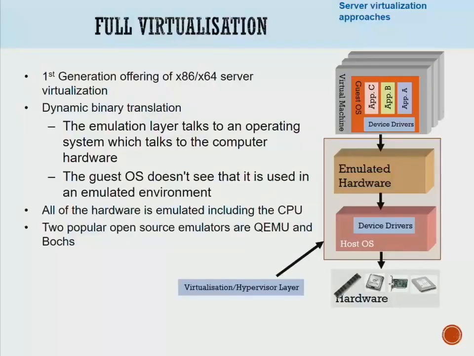And the two popular open source emulators used in full virtualization are called QEMU and Bochs. So they are the two techniques adopted by these hypervisors. And of course, while the hypervisor is doing all those things, the operating system inside the virtual machine is not aware of all this dynamic translation, and it is sending instructions the way it sees it requires.